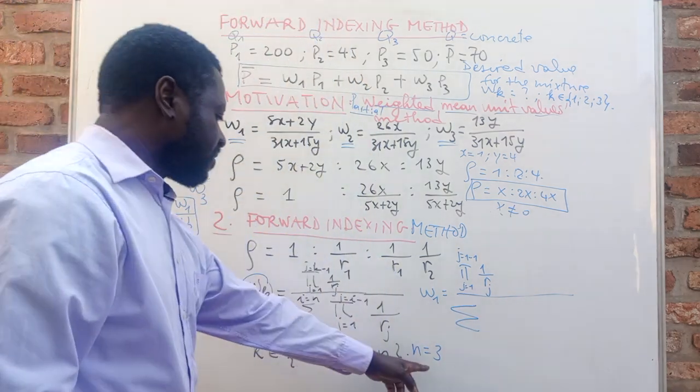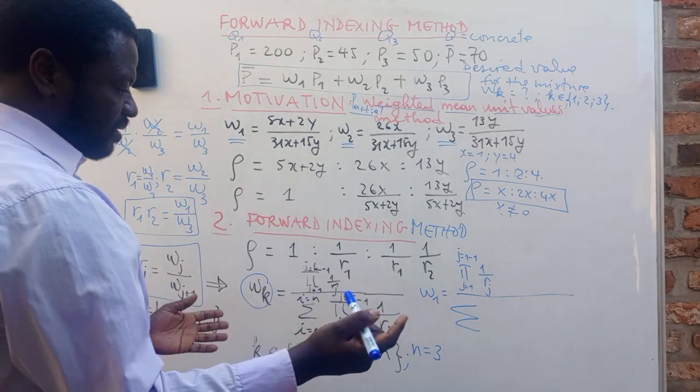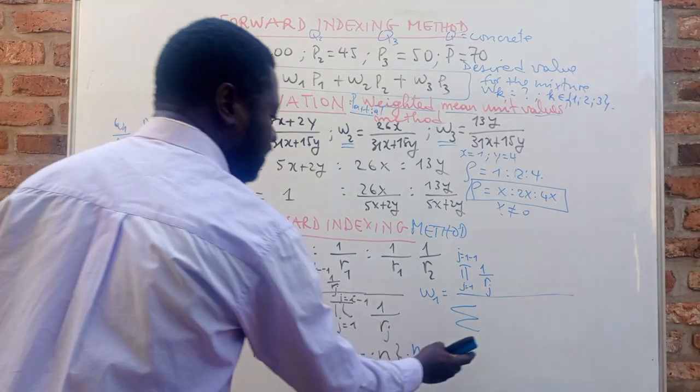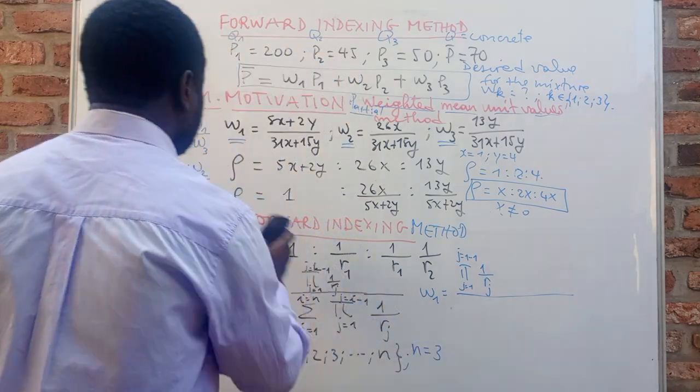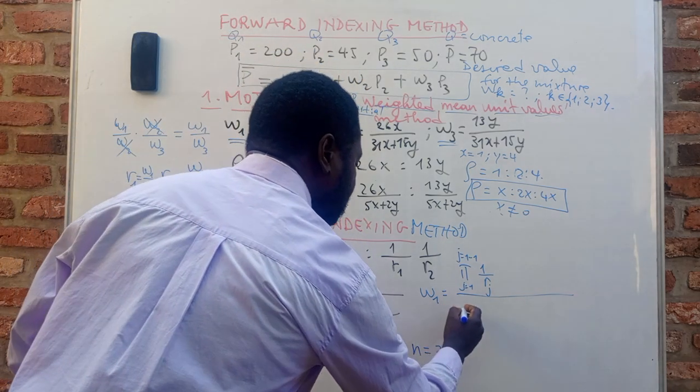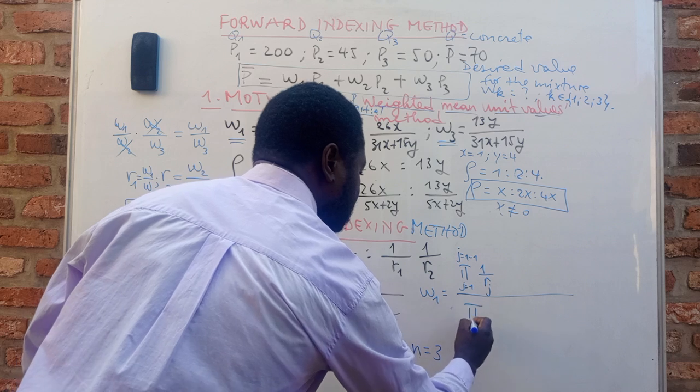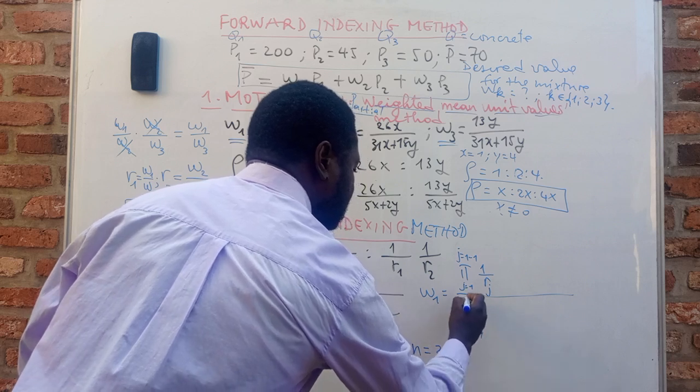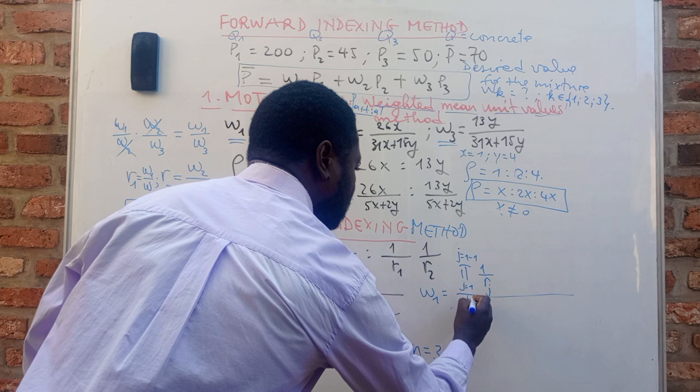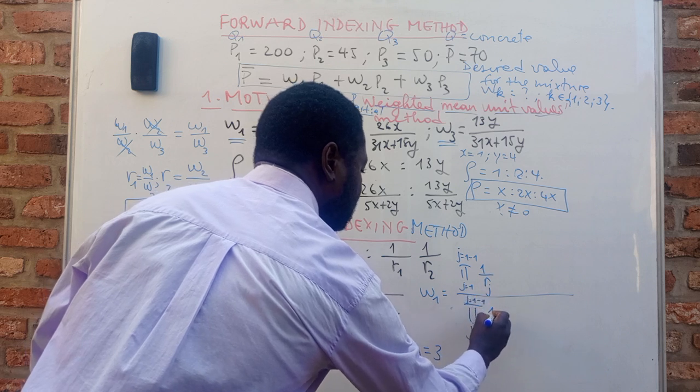Let me extend the sum, because the index is not big, so I can write out these products from j equal to 1 until n minus 1 of the reciprocals.